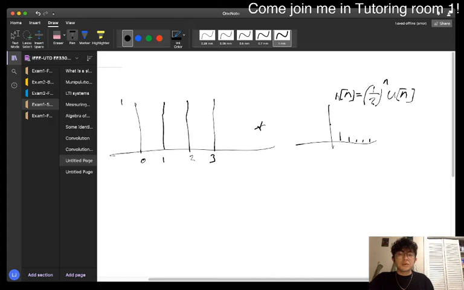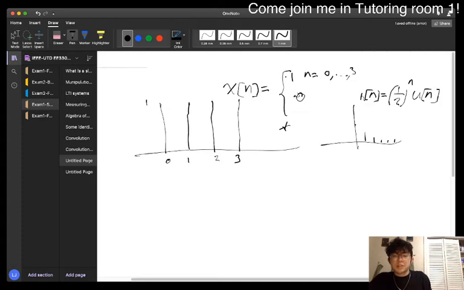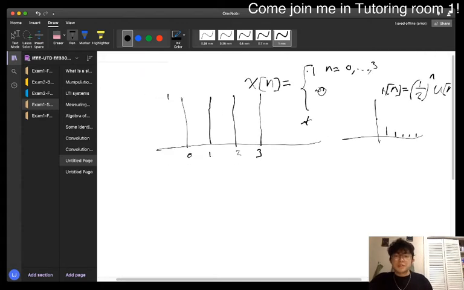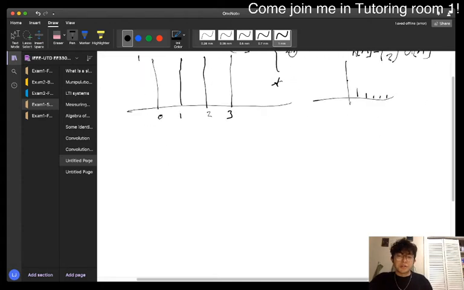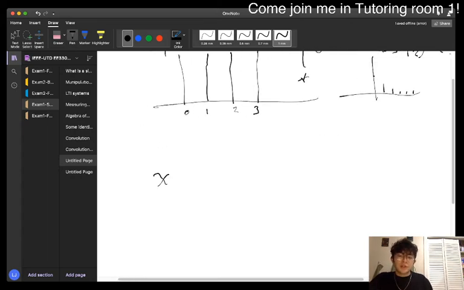Yeah. So I'm going to be convolving these two signals. So let's call this x of n, and this is 1 for n is equal to 0 through 3, and then 0. So how do we do discrete convolution? This one tends to be a little simpler, but it might still be a bit troubling. A lot of times you can just write the sum.